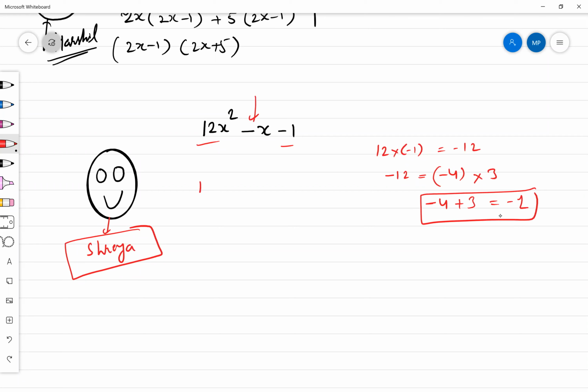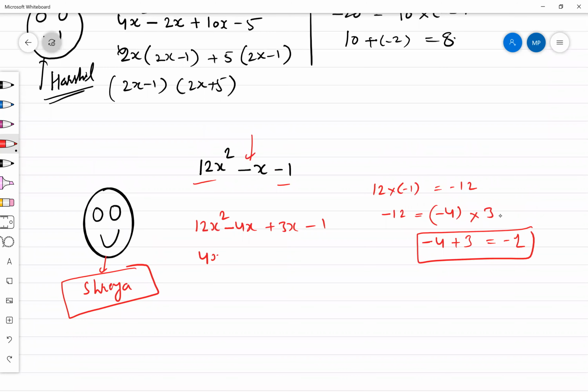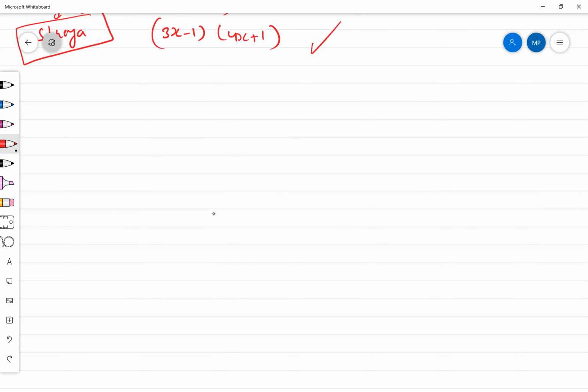So my problem becomes 12x square minus 4x plus 3x minus 1. 4x common, so 4x, 3x minus 1. From here, 1 common, 3x minus 1, 3x minus 1. This changes automatically. And 4x plus 1. Yes, good.